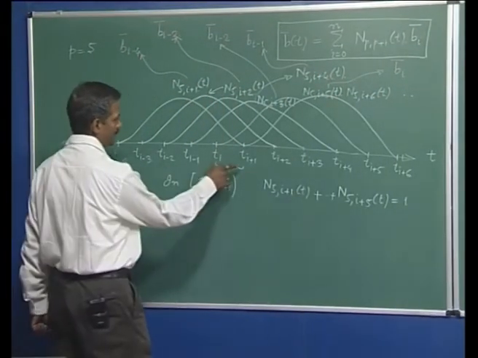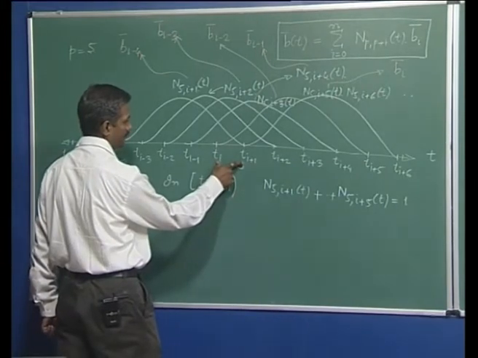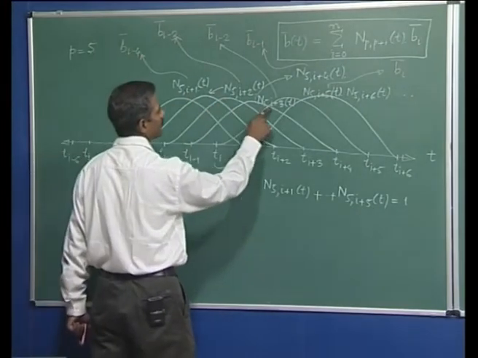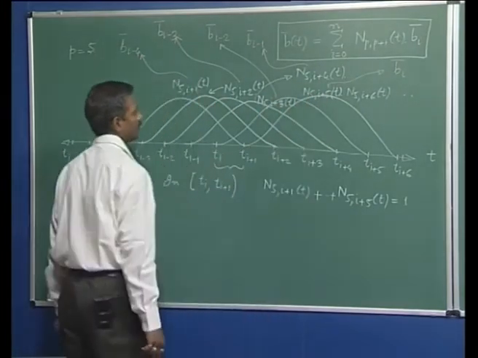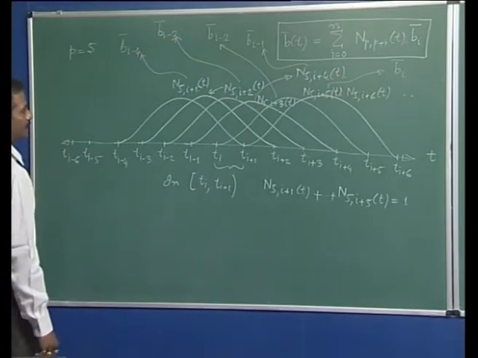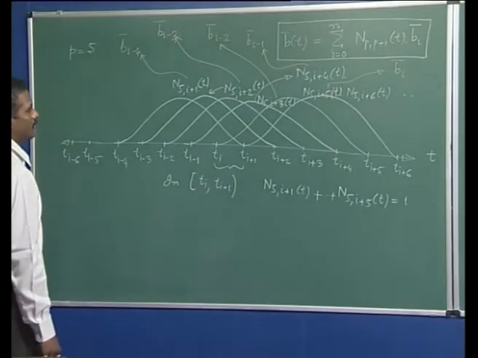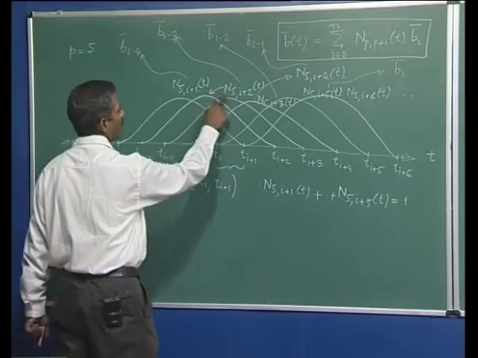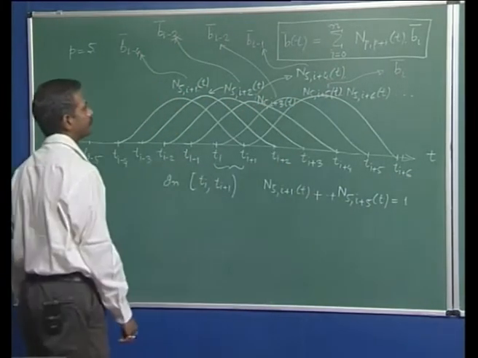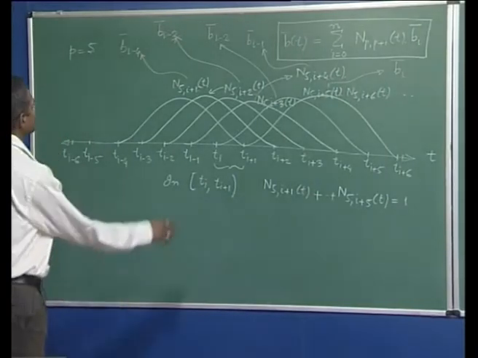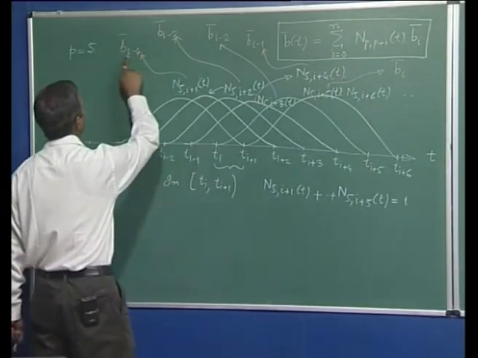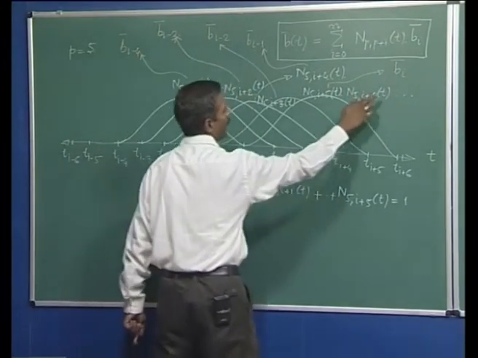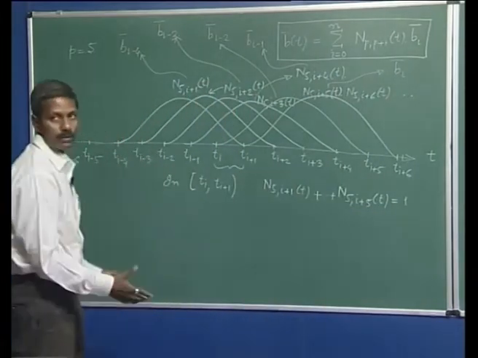Remember, all these are vector design points. For values of t within this interval, these 5 B-spline basis functions are locally barycentric. You know what I mean. They all are non-negative and they sum to 1. Because of which, these 5 design points, b_{i-4}, b_{i-3}, b_{i-2}, b_{i-1}, and b_i form a local convex hull.